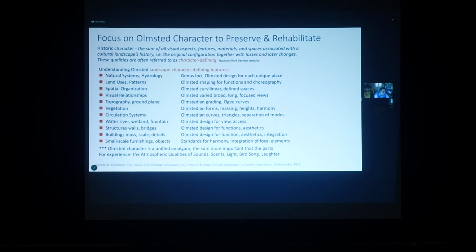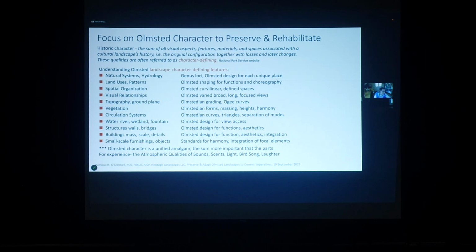vegetation, circulation systems, water, rivers, wetlands, fountains, all the aspects of water in the landscape, which were nearly always included, and bridges, as well as buildings for mass scale and detail, and then small scale furnishings.